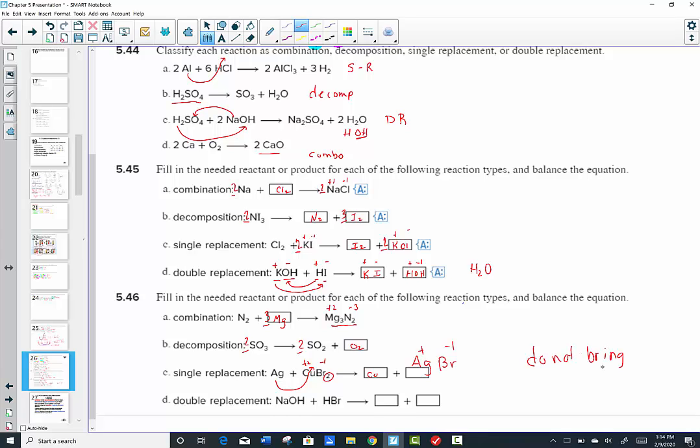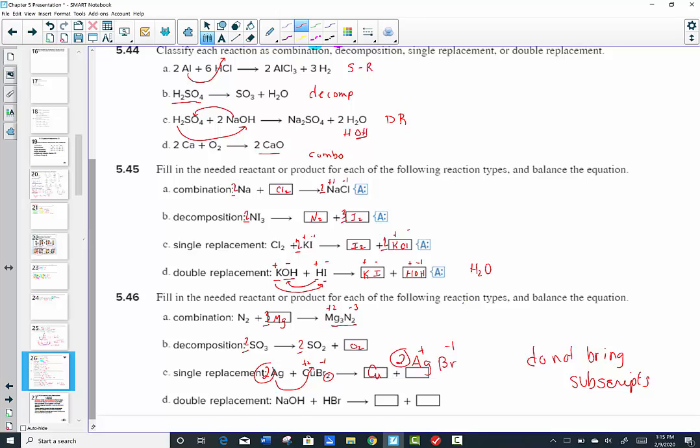Find the new subscripts when you are balancing by charge. So I have a copper, Cu, plus AgBr, silver bromide. I'll need to balance. 2 groups of Ag plus 1 group of copper 2 bromide yields a copper and 2 silver bromides.